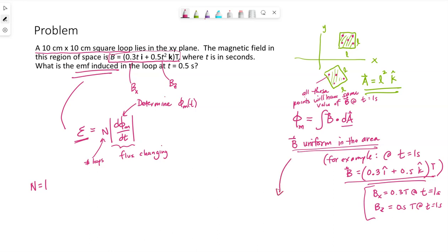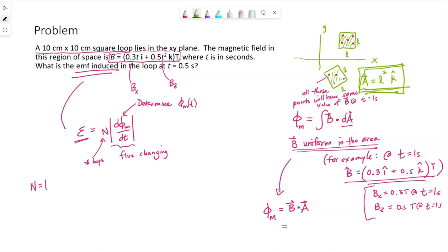When that's the case, we can say the magnetic flux is simply the magnetic field vector dotted with the area vector. We already know the area vector is 10 centimeters by 10 centimeters in the z direction. When we do the dot product, we're finding the components of the magnetic field that can actually pass through this square.